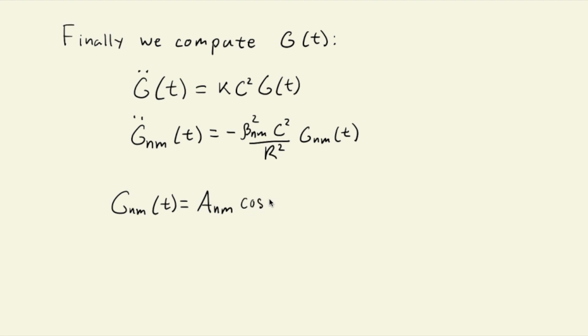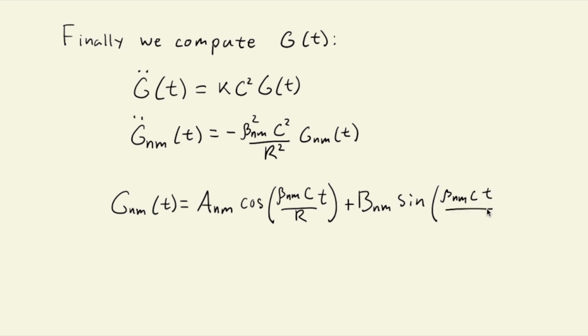Cosine beta n m c over r t plus b n m sine of beta n m c t over r.